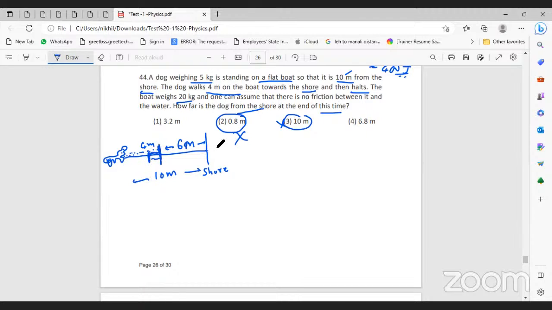A little bit, because of the mass of the dog. Dog mass is only 5 kg. Boat mass is 20 kg. So it is uniformly distributed. If the boat is moving only a small distance, it should be less than the midpoint, so it should be less than 5. So this distance should be more than 0.5. If it is more than 0.5, even 3.2 is not possible. So you can guess the answer easily. It should be 6.8 meter.